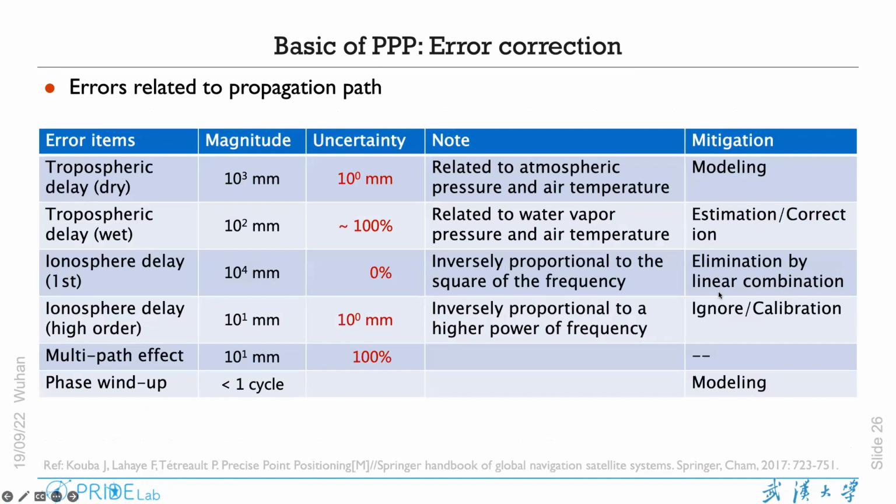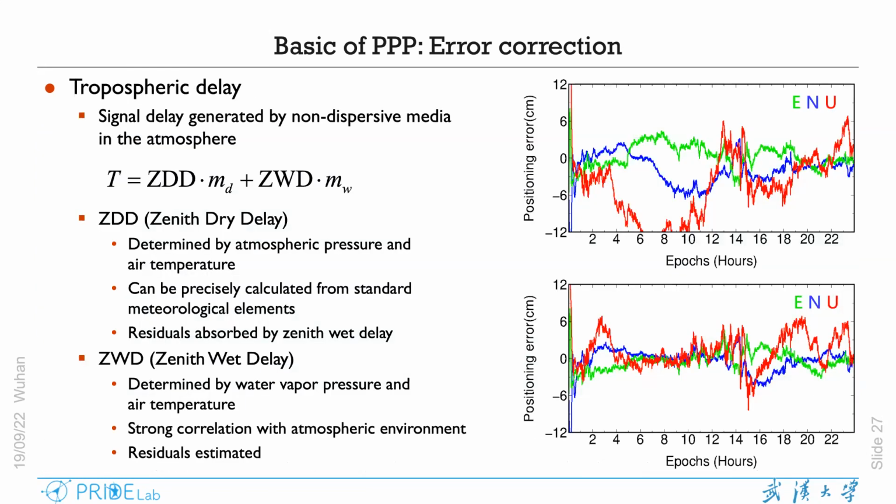Okay, then we come to the errors related to the propagation path of the signals. You can easily think about the troposphere delays and ionosphere delays. The troposphere delays can be divided into two parts: the dry part and the wet part. The dry part can be corrected using some models, but the wet part has to be estimated along with some other parameters.